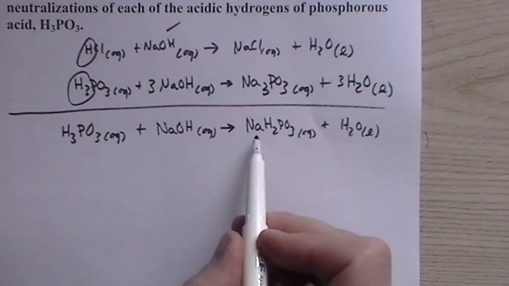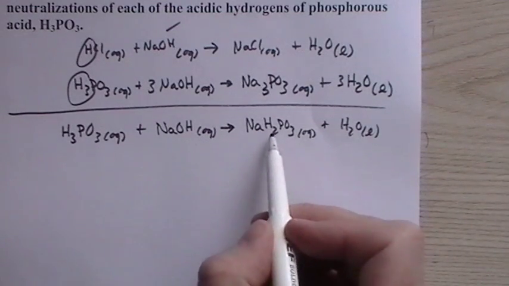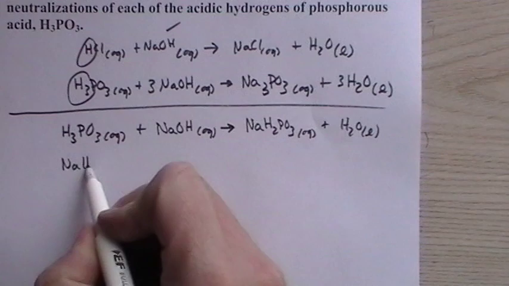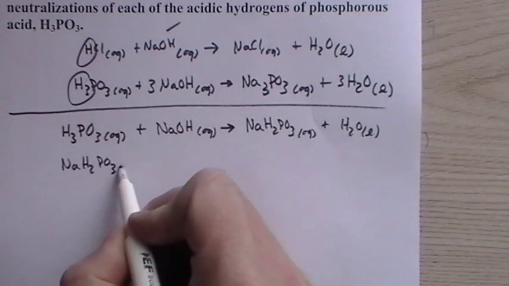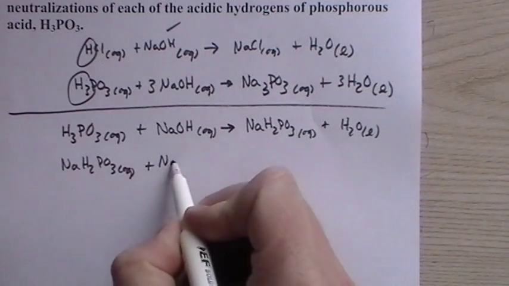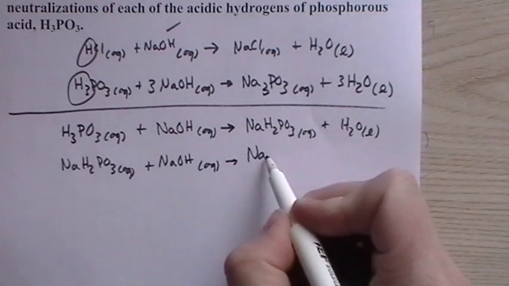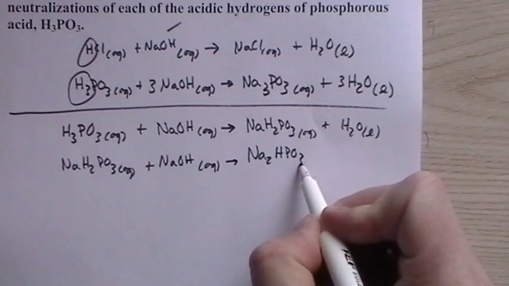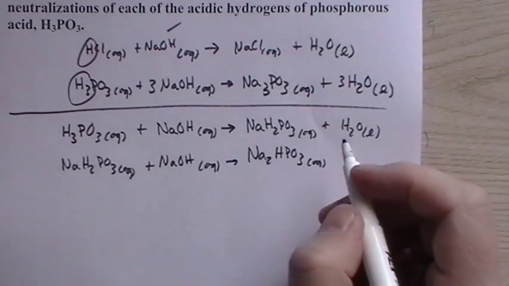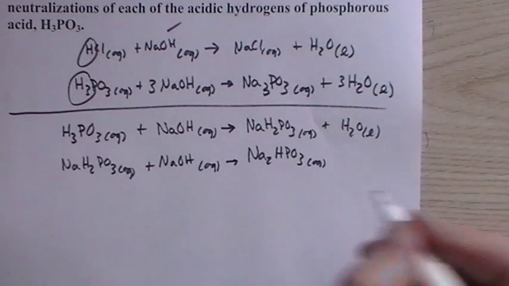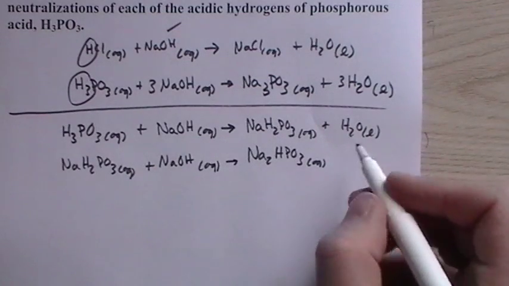Now, even though there's a sodium here, we still have 2 hydrogens left, so that sodium dihydrogen phosphite can react with another sodium hydroxide, and another H plus will be removed. Now we have Na2HPO3, so this would be sodium hydrogen phosphite, or monohydrogen phosphite.